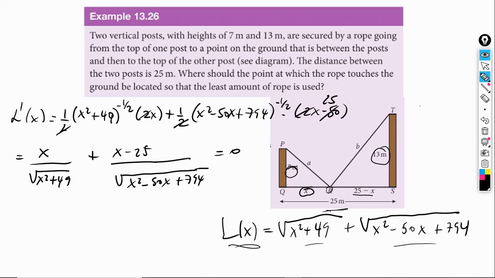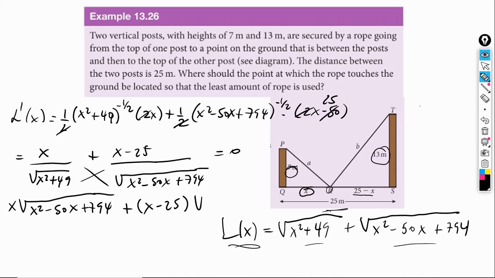But notice that in reality we would get something like x times the square root of x squared minus 50x plus 794, I'm going to cross multiply, plus x minus 25 times the square root of x squared plus 49.